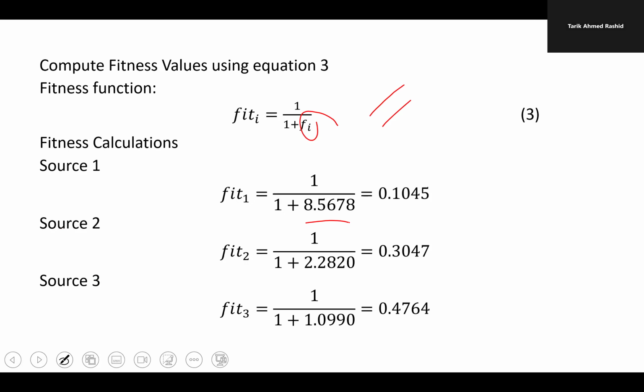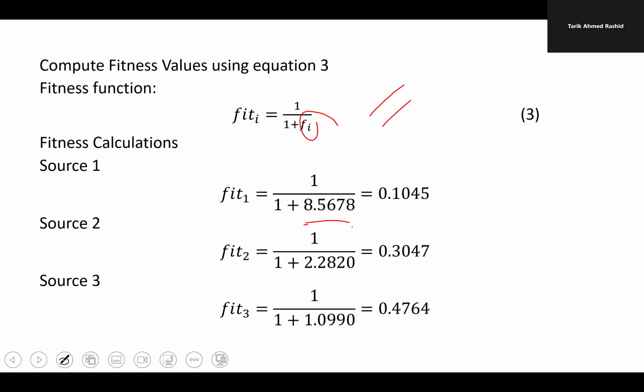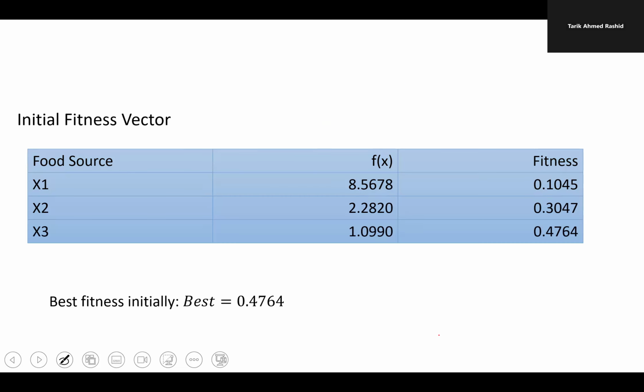These values which were found will be plugged into this equation. So that's the result, and we find the fitness. The highest one is this one. So here the best fitness is this one, which is food source 3, the best.